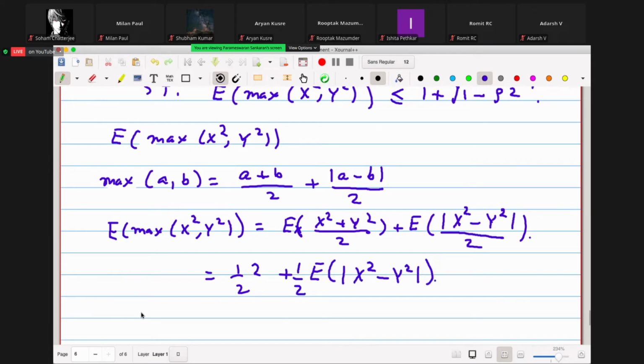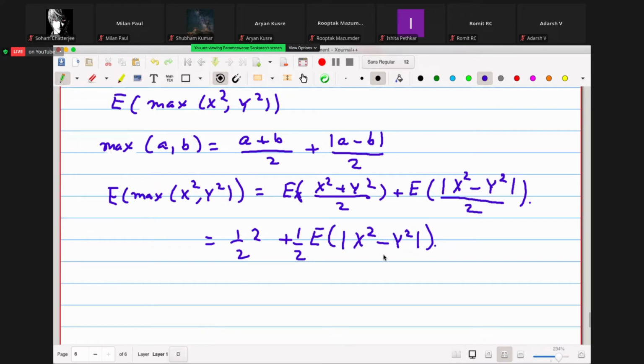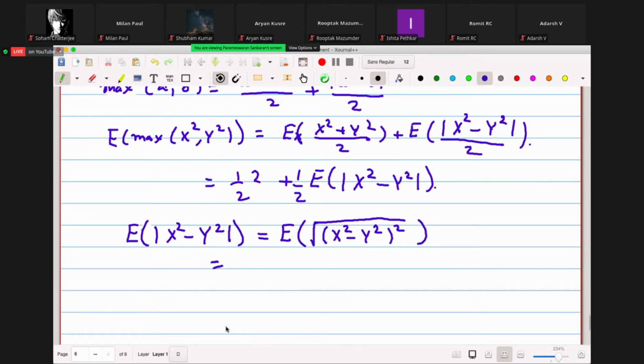Now think about that a bit. Expectation of absolute value of x square minus y square, you write it in this fashion, is equal to expectation of square root of x square minus y square whole square. So this is a trick.